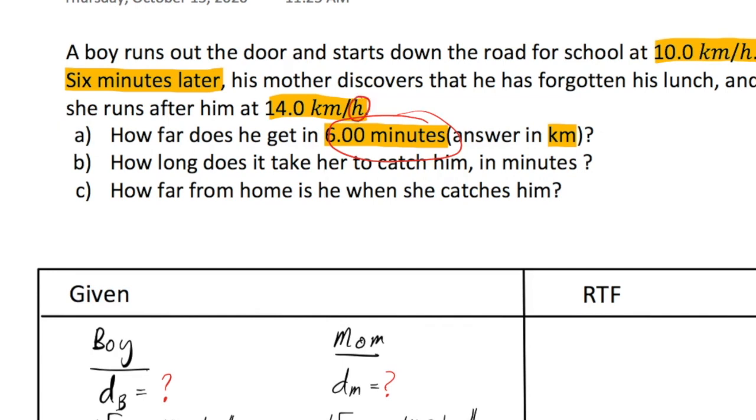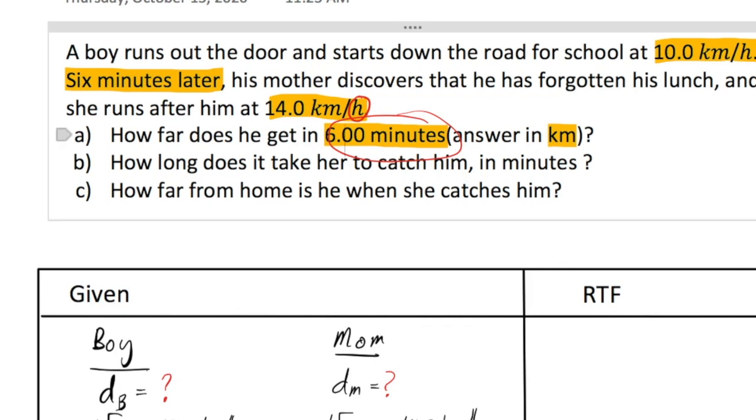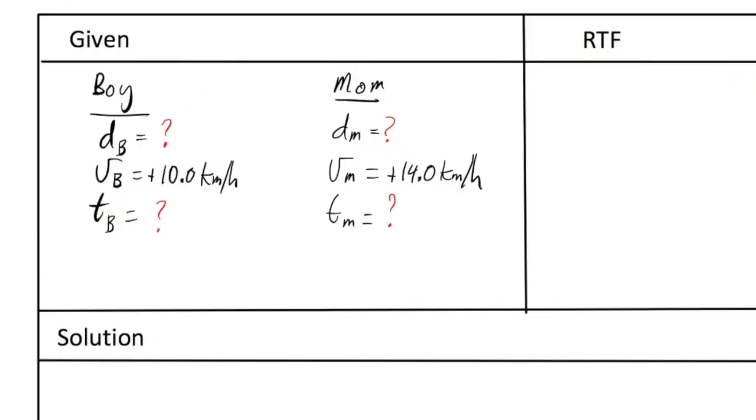The other issue is this. In our units, the time is in hours, but this time has been given to us in minutes. That should raise alarms when you see a discrepancy in units. So we're going to get the units to agree. We're going to be working with kilometers per hour, which means that I'm going to want to convert the 6 minutes to hours so that we're all on the same page. So I'm just going to represent that in the given section, and I'm going to call that t_HS, which stands for the head start.